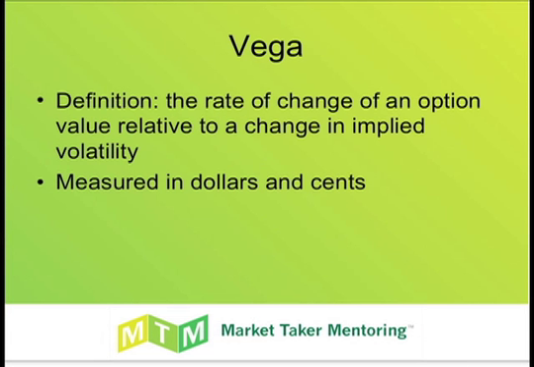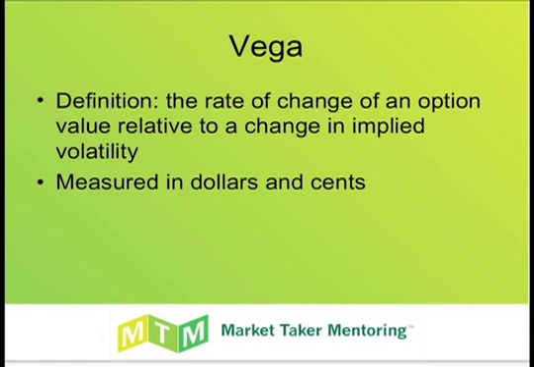Vega is one of the Greeks. Now, technically it's not actually a Greek letter, but some option trader early on decided that that would be the best name for a Greek that measures volatility, presumably because it's alliterative, as in they both start with a V. So we use Vega as such.